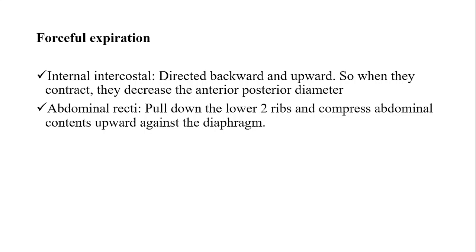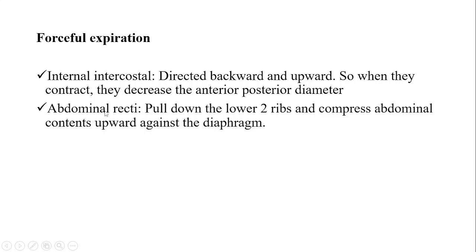They are also attached to the ribs, but their position is just opposite to the external intercostal. That means they are directed backward and upward, so when they contract, they will decrease the anteroposterior diameter of the chest, because they will pull the chest cavity backward.